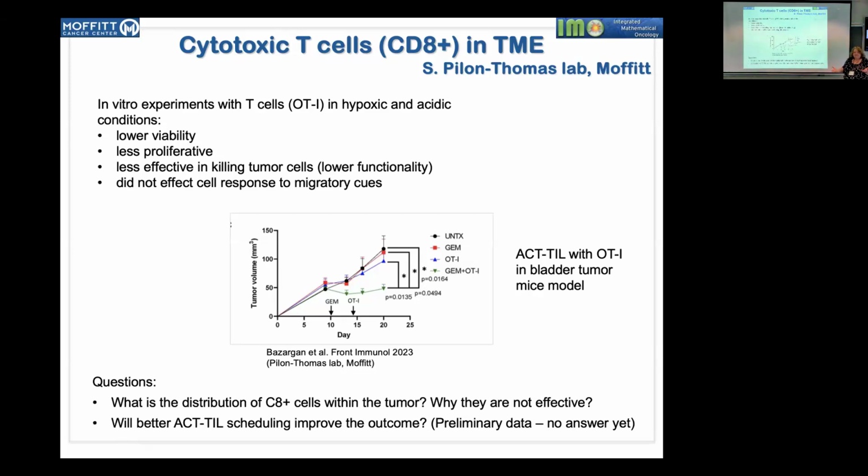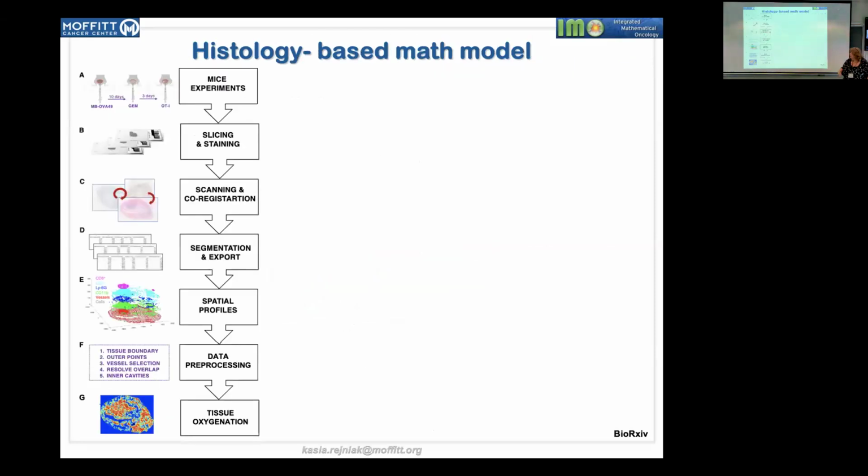Is there any difference in the tissue, to see why they are not effective? The long-term goal is that we want to use our models to test different scheduling, maybe different combinations, and see if there is something that will help. But that's preliminary data. We don't have the answer yet. So in order to build this model, this is our pipeline.